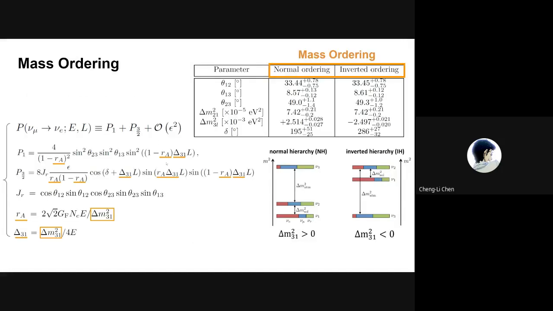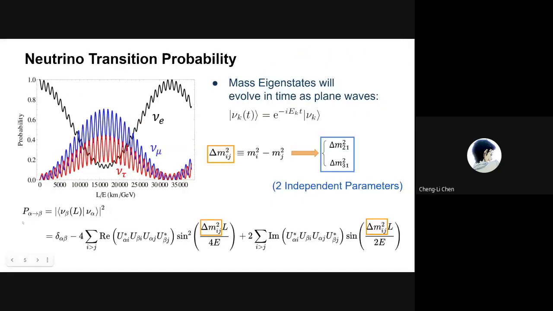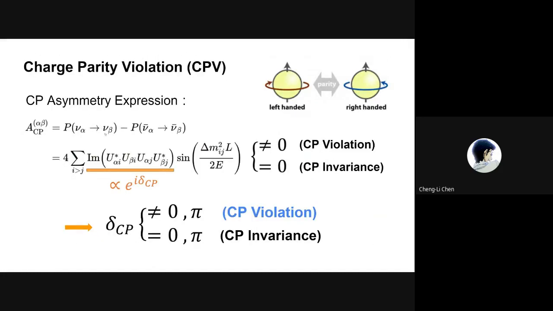Remember the previous page for our transition probability, it in fact contains the imaginary part. So after we do the CP transformation and we subtract them, what is left is the imaginary part.